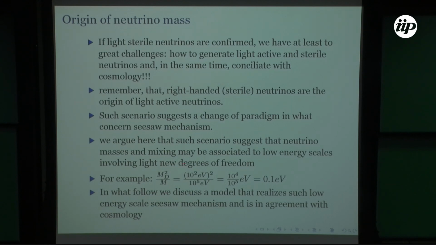This is the seesaw mechanism. What people do is the following. This is the electroweak scale, and this is the GUT scale. But it is possible that this parameter here be small, for example, 10^2 eV, and this other parameter here is 10^5 eV, but bigger than the M_D. This realizes the seesaw mechanism, okay?